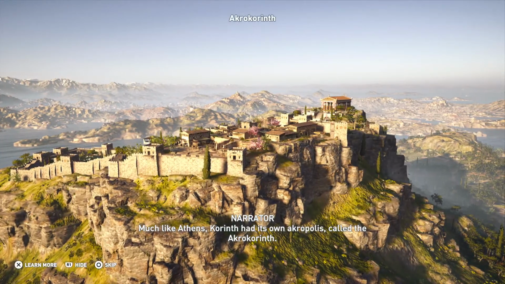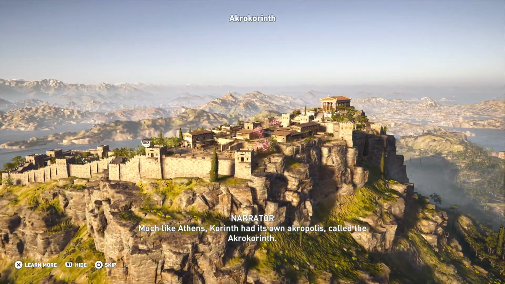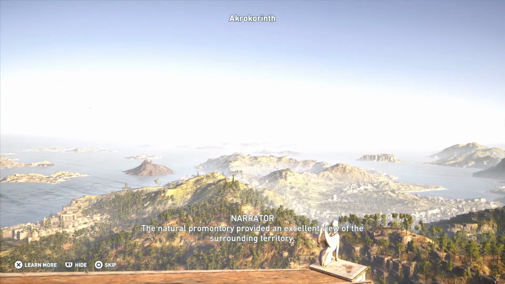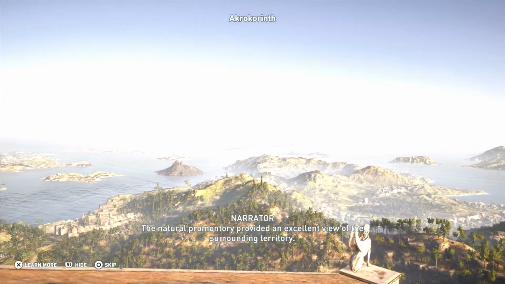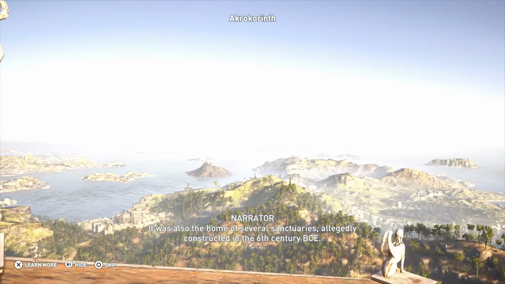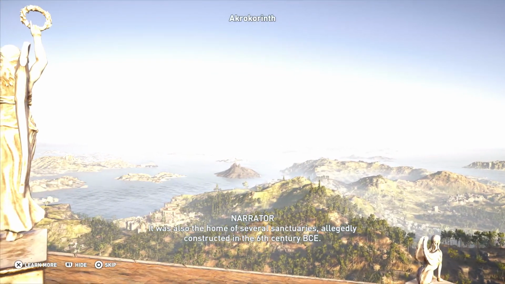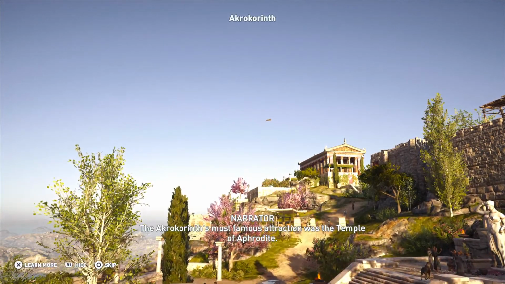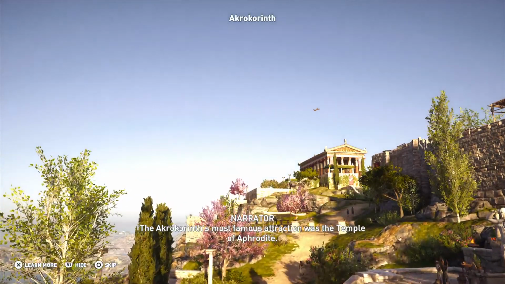Much like Athens, Corinth had its own acropolis, called the Acrocorinth. The natural promontory provided an excellent view of the surrounding territory. It was also the home of several sanctuaries, allegedly constructed in the 6th century BCE. The Acrocorinth's most famous attraction was the Temple of Aphrodite.